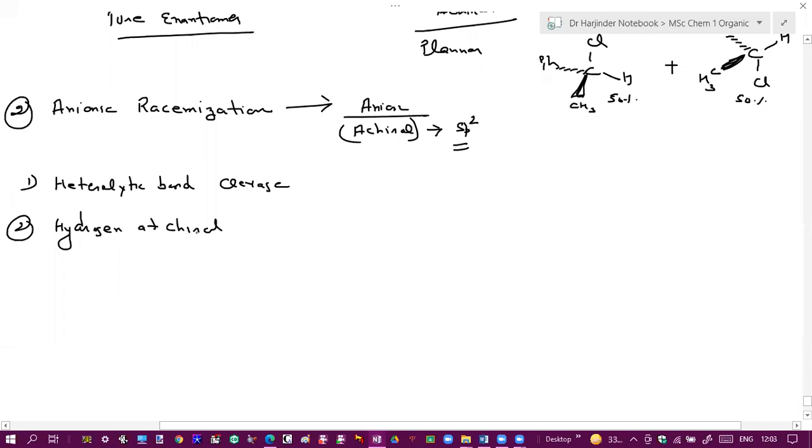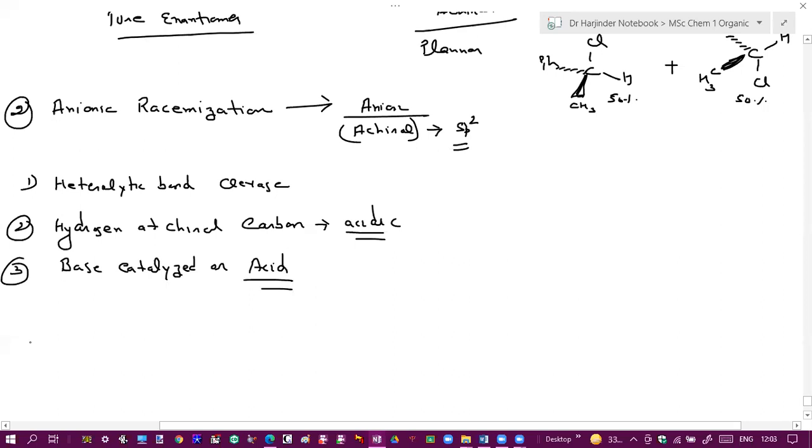It should be acidic, so that it can easily leave as an H plus ion. This reaction can take place either in presence of acid or in presence of base, so it may be a base catalyzed reaction, or sometimes an acid catalyzed reaction.